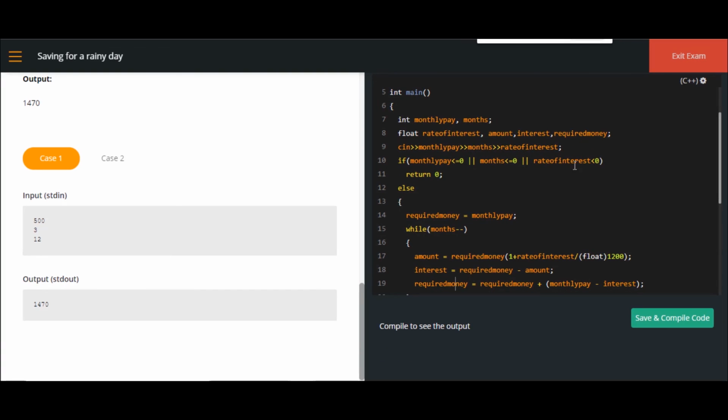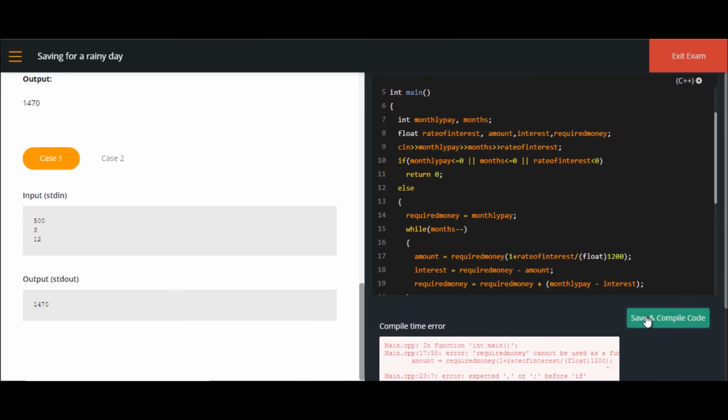So I'm just minimizing it. Okay, we've got some error. We'll quickly check what is the error. Okay, we have missed a bracket, I guess. Okay, here we missed the division, sorry. So by 1 plus.